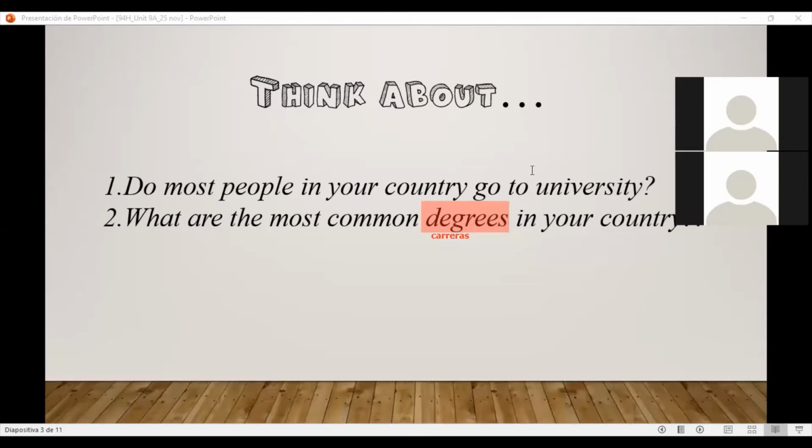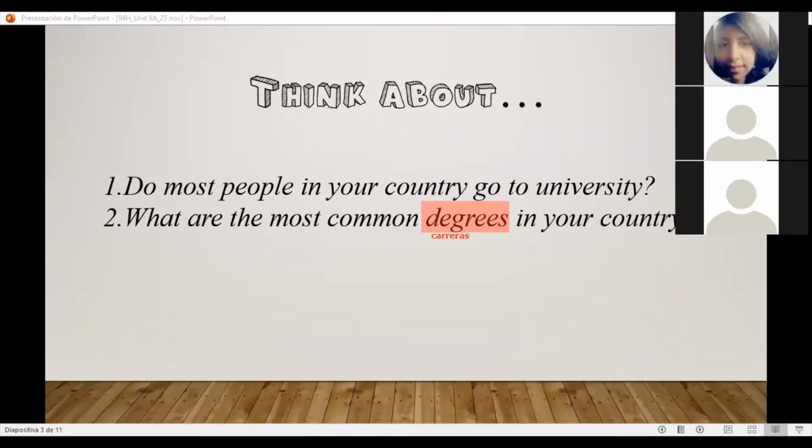Let's see. Mahu, what do you think about number 2? What are the most common degrees? Marjorie, help me with number 2. Probably administration and law. Good. Here we have new careers, administration and law.